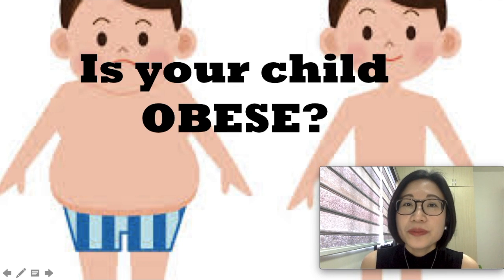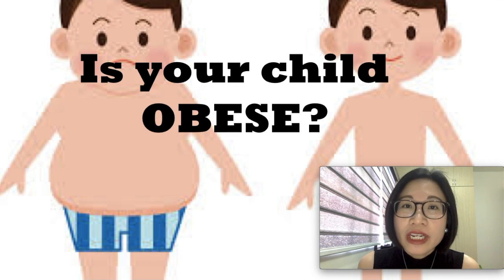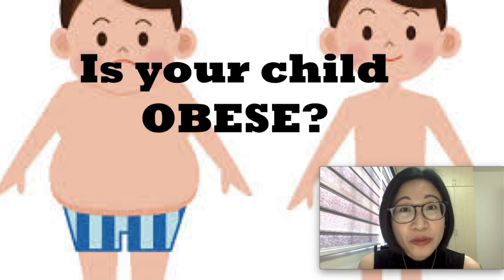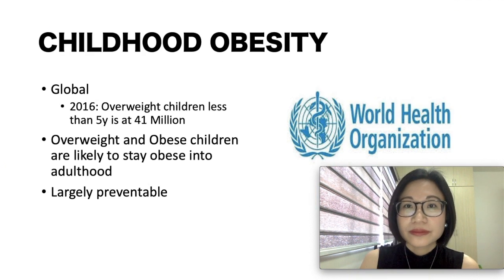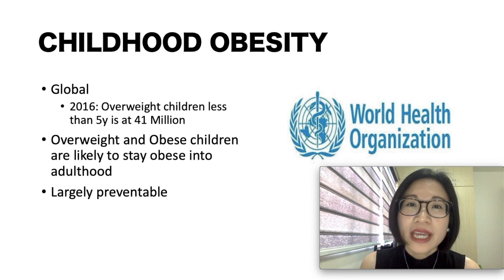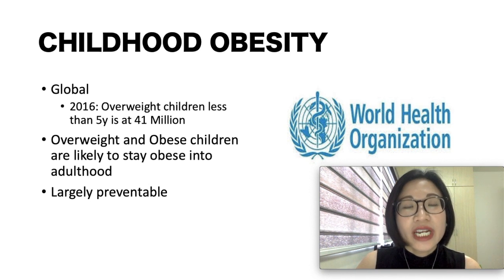Is your child obese? Should you be worried if your child is overweight and obese? According to the World Health Organization or WHO, childhood obesity has become one of the most serious public health concerns in the 21st century. The problem has gone global. From data in 2016, overweight children less than 5 years of age has reached up to 41 million, and that's a lot.